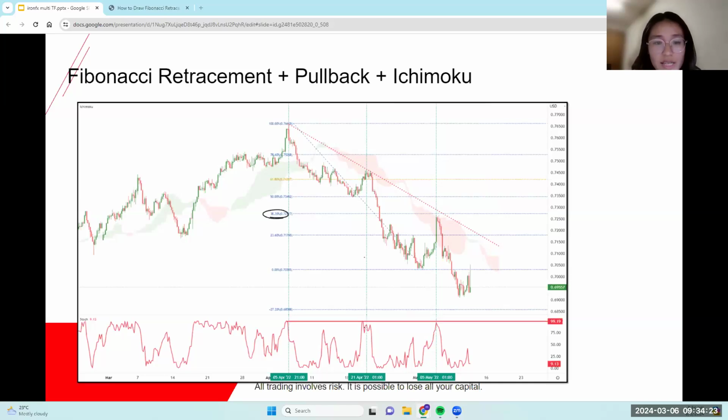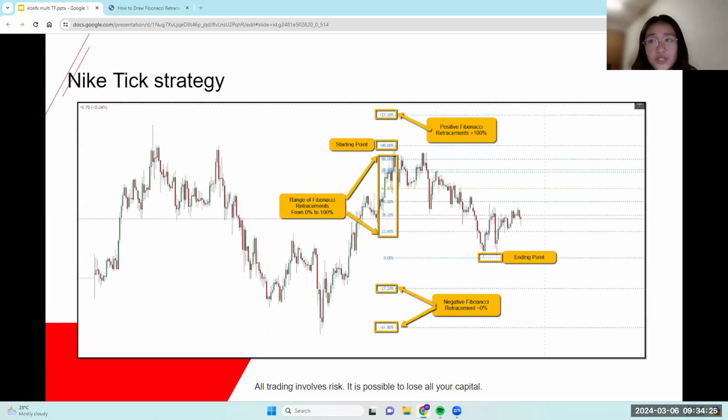Okay, so let's move on to our last strategy. This is what we call a Nike tick strategy. So just to recap again, the tool we're using here is the Fibonacci retracement.